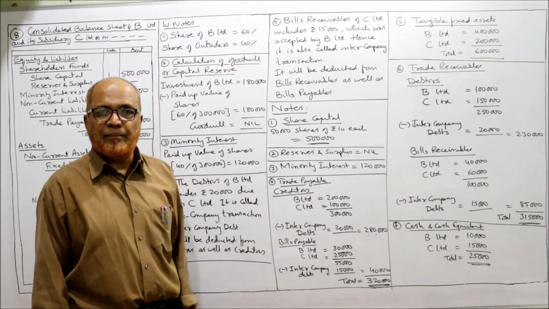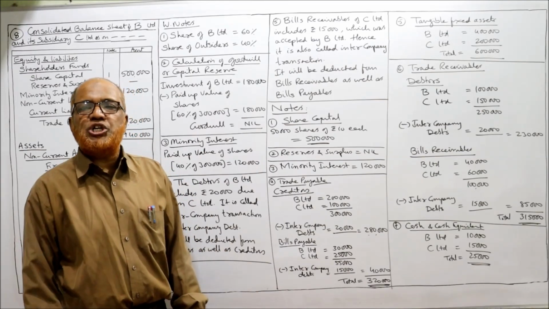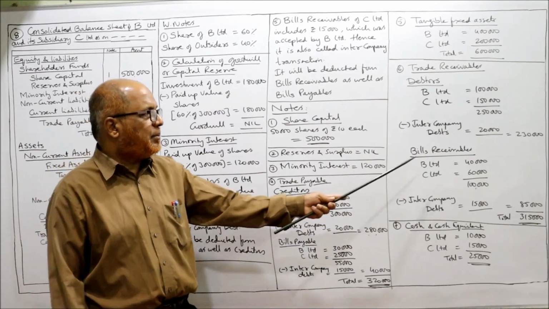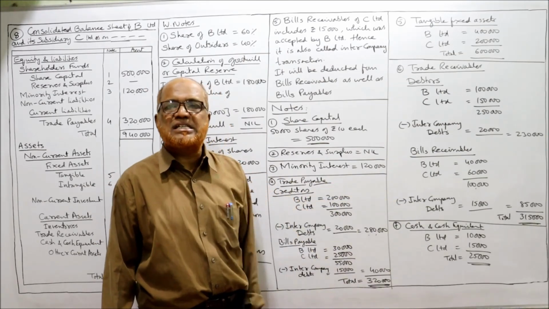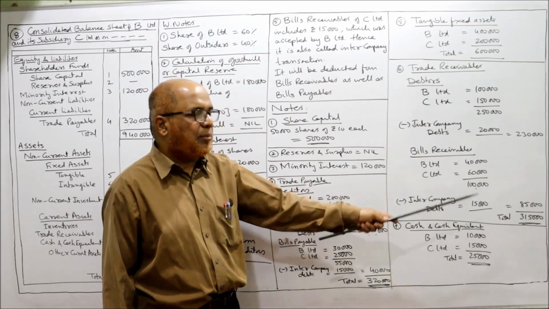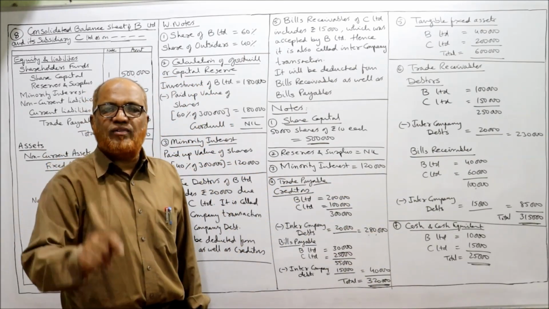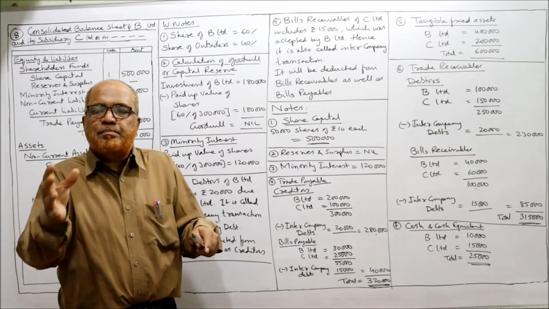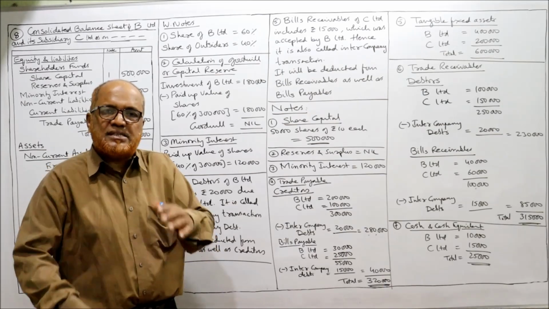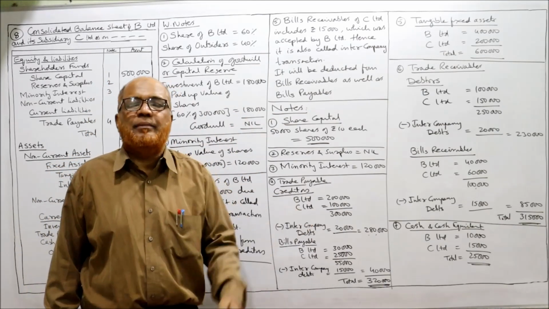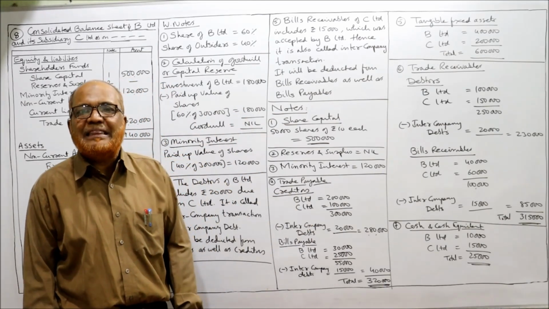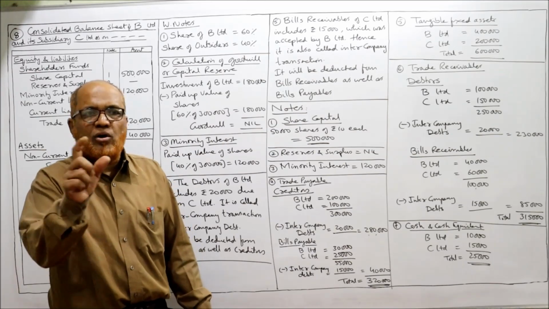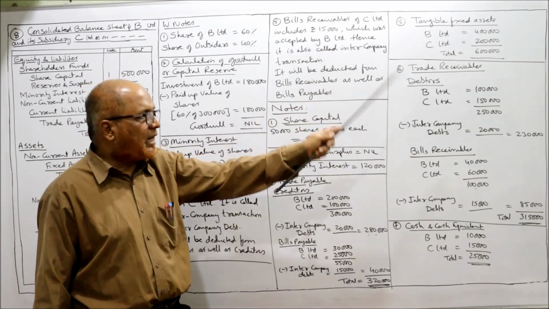Now bills receivable. In the balance sheet, bills receivable is given: B Limited 40,000, C Limited 60,000. Total bills receivable 1 lakh. From this 1 lakh, the common bill, meaning the bill drawn by C Limited and accepted by B Limited, 15,000, will be deducted.